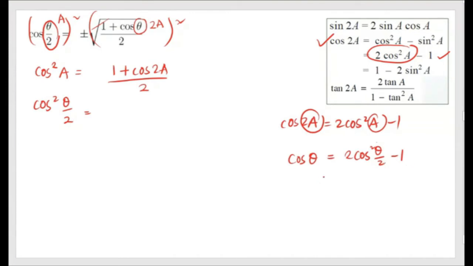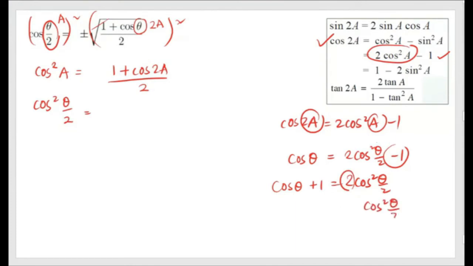Then do the same as the question just now. 2 cos square theta over 2 equal to negative 1, move to the front: cos theta plus 1. Then the 2, move it again.